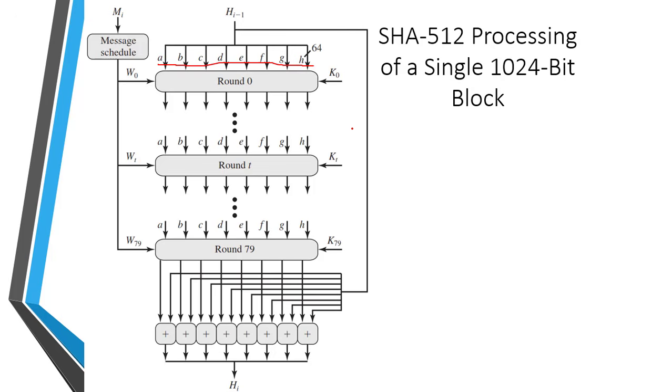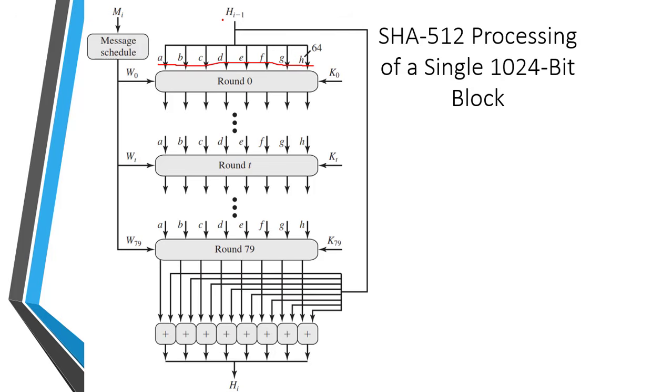These constants are generated using a random number generator, and it also takes w0 to w79, that is the words, using the message schedule. This message scheduler will generate the words from the original message, and w0 to w79 words are generated.